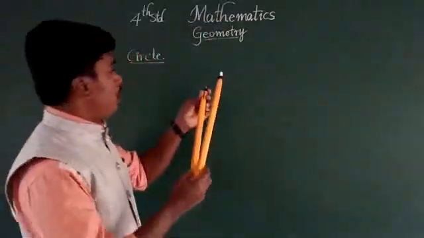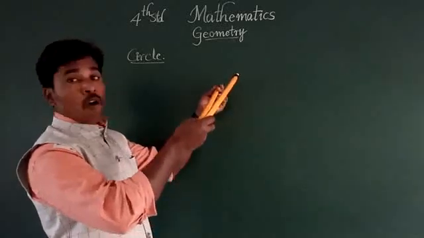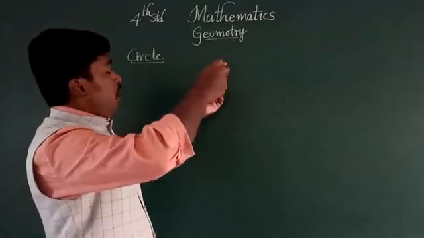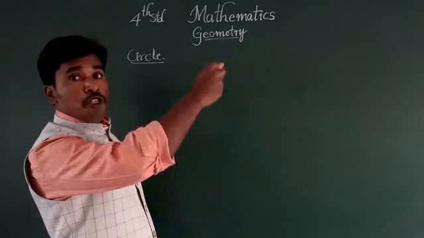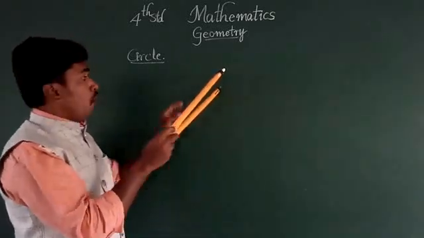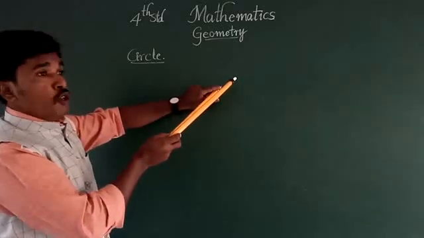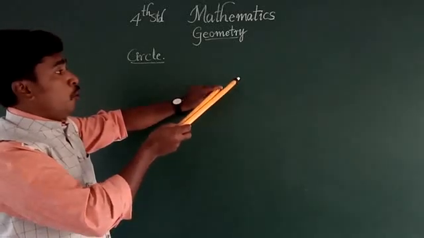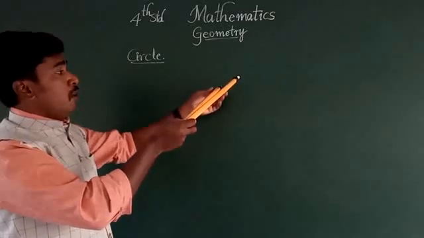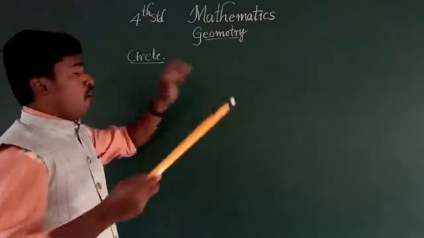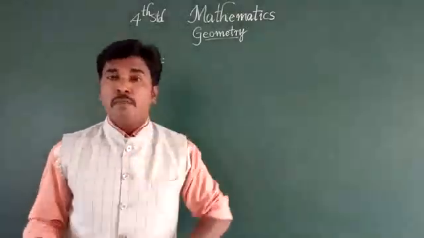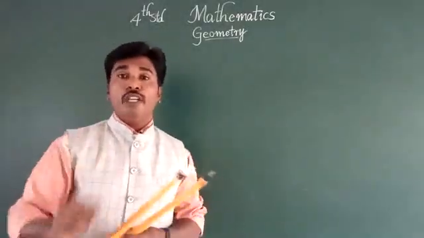We have to keep it on the board or on your notebook, and you should not change this position. Dear children, when you are holding this pointer on your notebook, again and again don't take it out and change the position. When you fix a point, you should not change it.